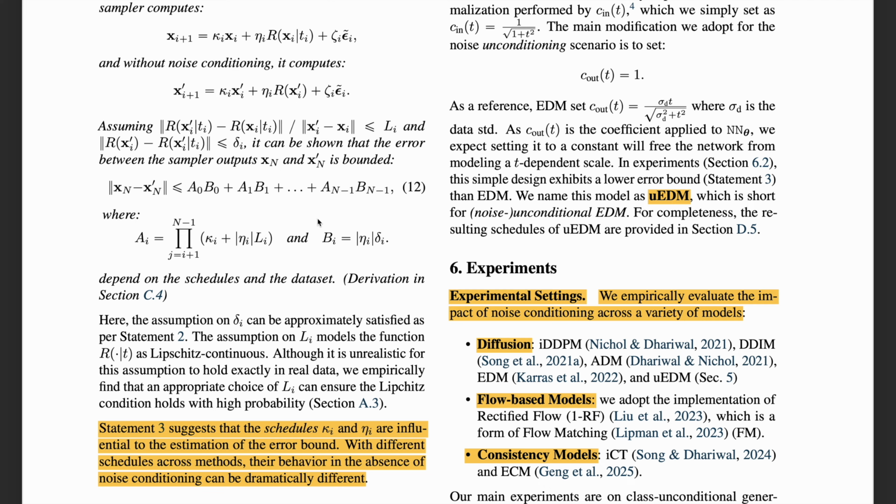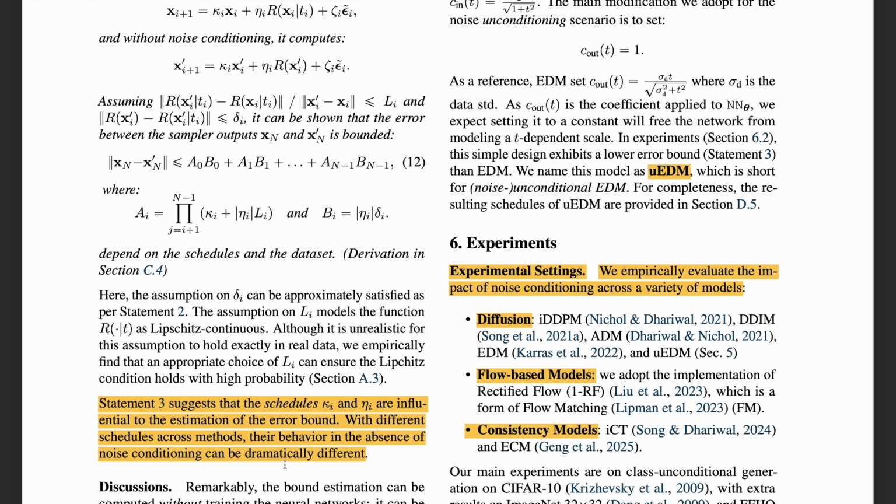There is an error bound between the noise conditioning and the noise unconditioning, and this error bound is a function of the training noise schedule. Basically, this error, or the behavior, can be very different based on those noise levels, on those schedules.